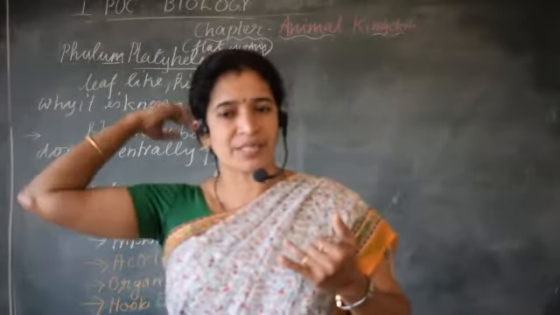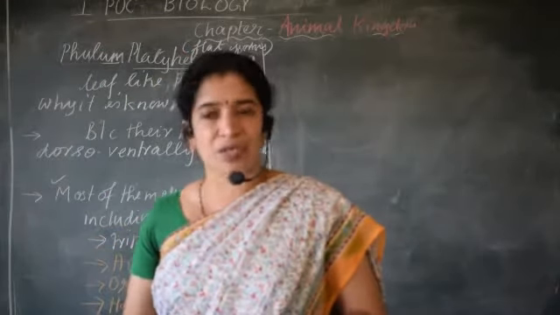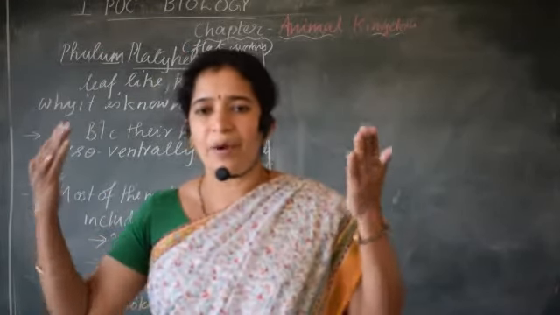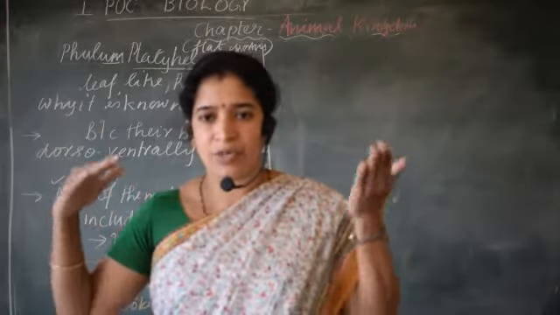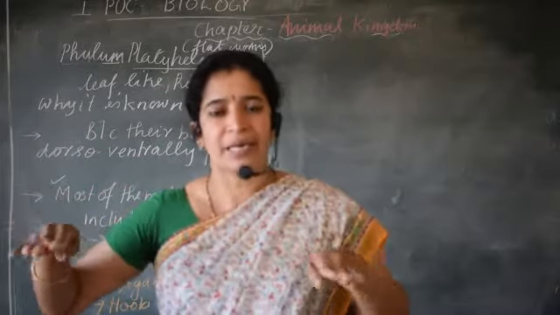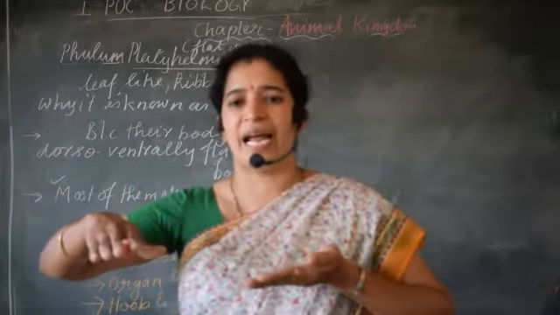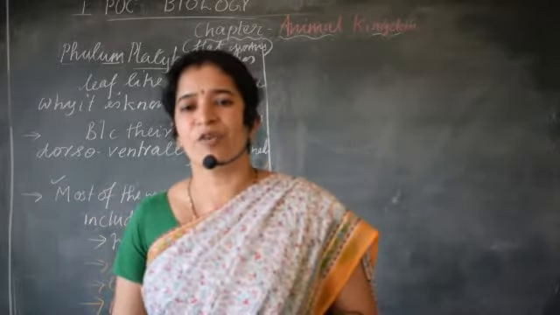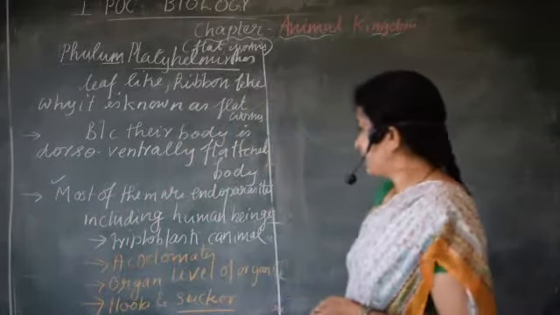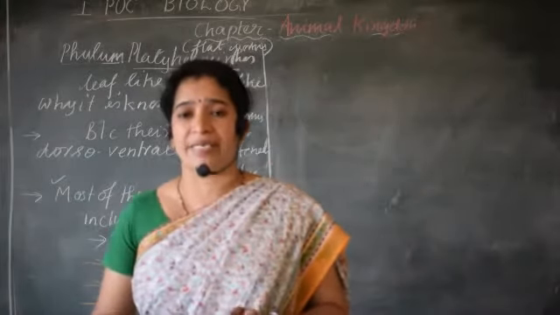In our case, our body is not flat, our dorsal and ventral sides are not similar. But in Platyhelminthes, their body is completely flat. So that's why it is named as flatworms. And most of them are endoparasitic.